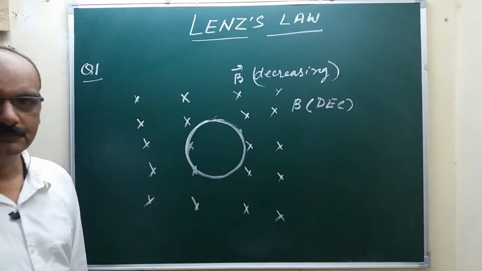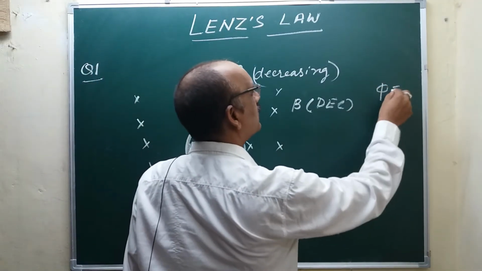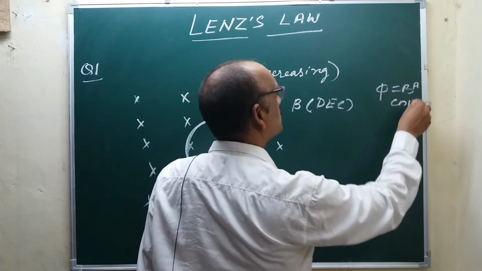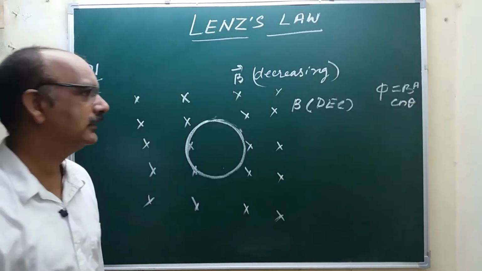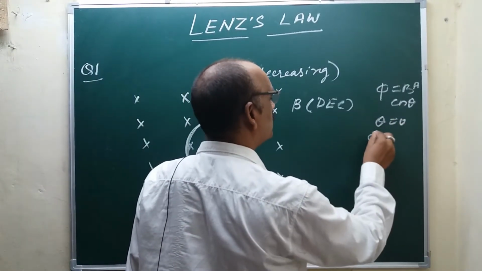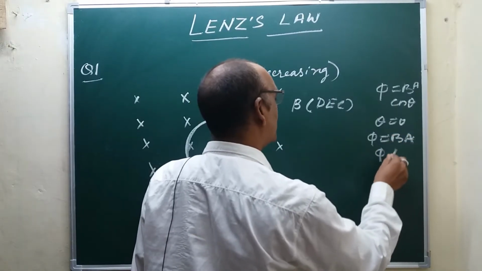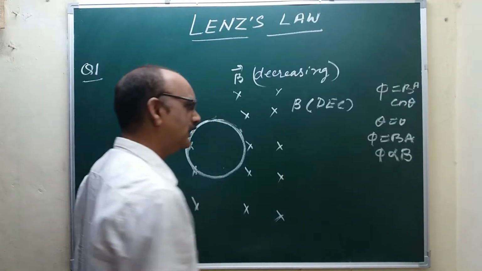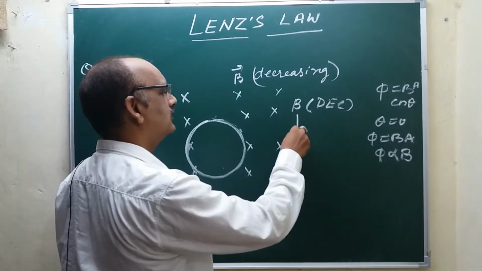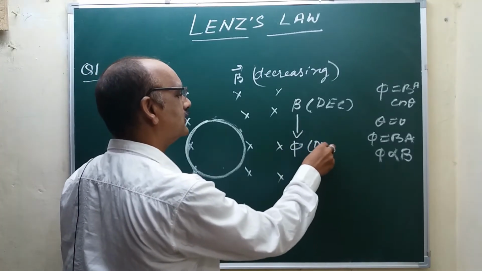Magnetic field decrease हो रहा है. We know that phi equal to BA cos theta. ठीक? Here theta equal to 0, phi equal to BA. That is, phi is directly proportional to B. B is decreasing. It means that magnetic flux is also decreasing.